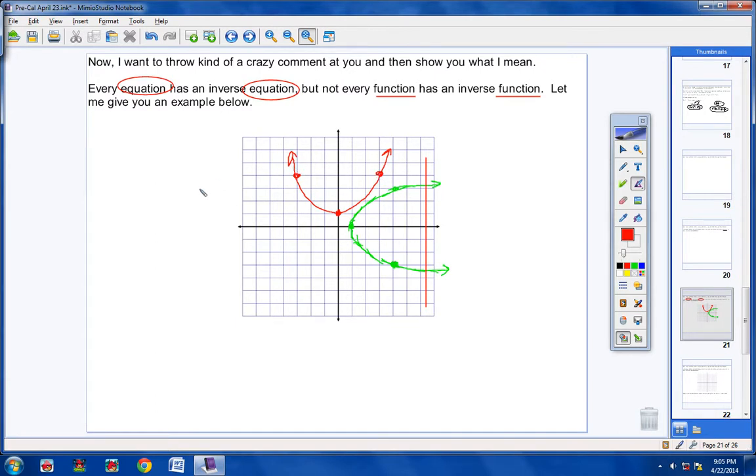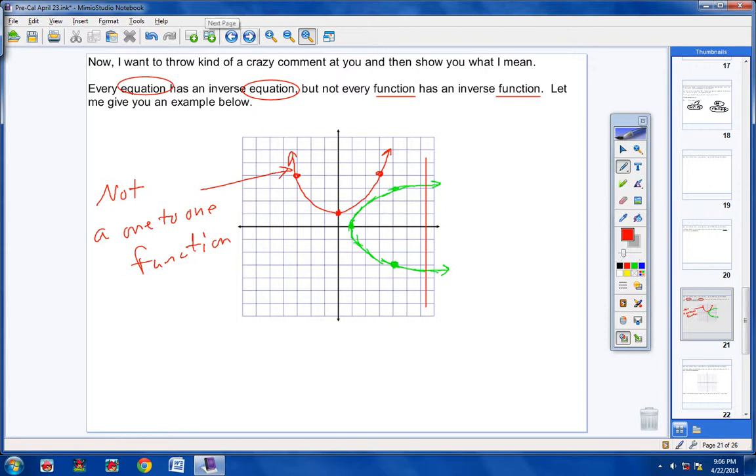So this red graph right here is not a 1-to-1 function. It is not. Now, if this red graph would have had an inverse function, then we would say this red graph is a 1-to-1 function. Okay? All right.